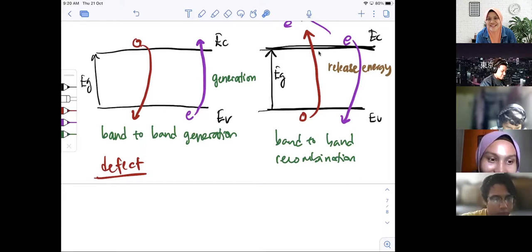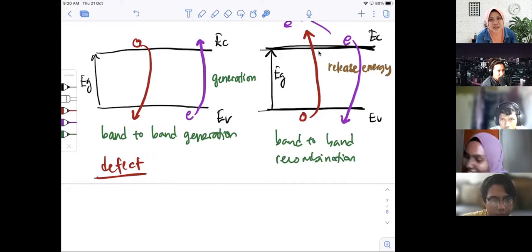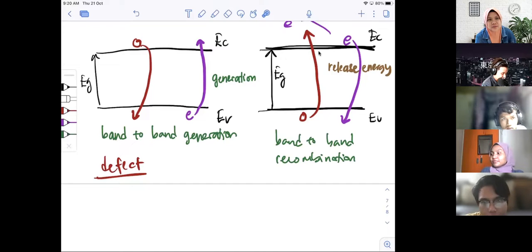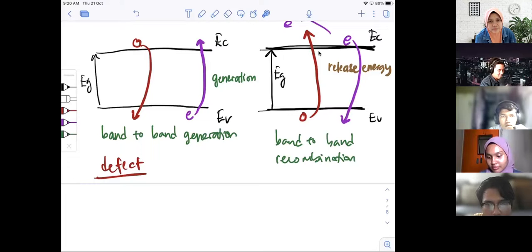I'm sorry, it's not accurate. It's not even accurate, it's wrong. Okay, anybody else want to try: what is a defect in semiconductor? If you have to Google, you Google, then answer me.